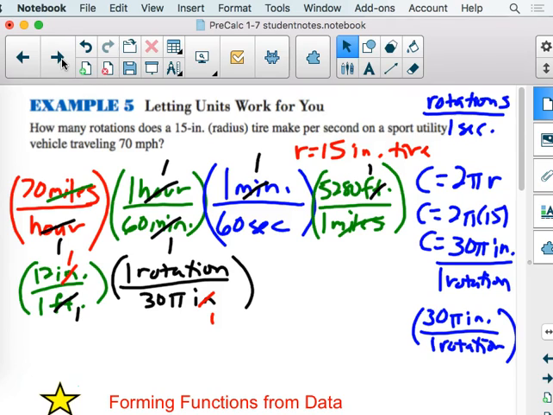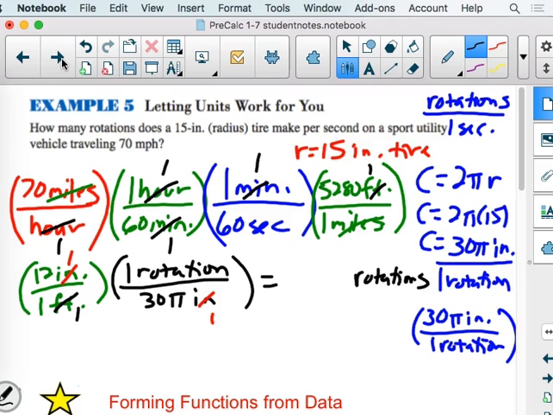So go ahead and punch that in and let's see if everybody can get the same amount of rotations per second. Parentheses for everything in the numerator divided by parentheses for everything in the denominator.